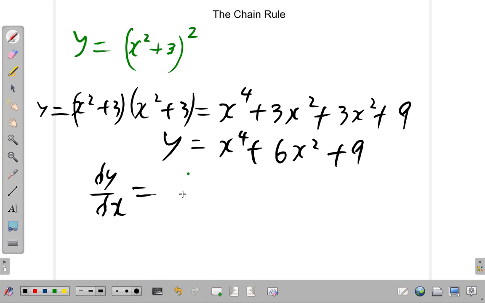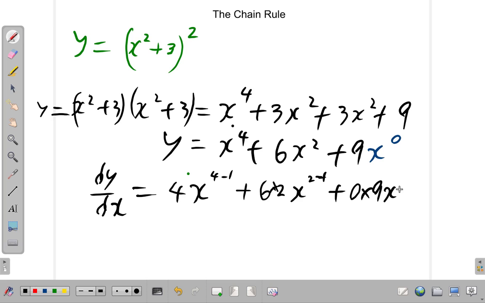Now, let's find dy by dx. Remember, this is y. So dy by dx, using the power rule, multiply by the power, which is 4, x to the, and then you reduce the power by 1. Same thing you do with 6x squared: 6 times 2 x to the 2 minus 1, plus 9 is really 9x to the 0, so it is 0.